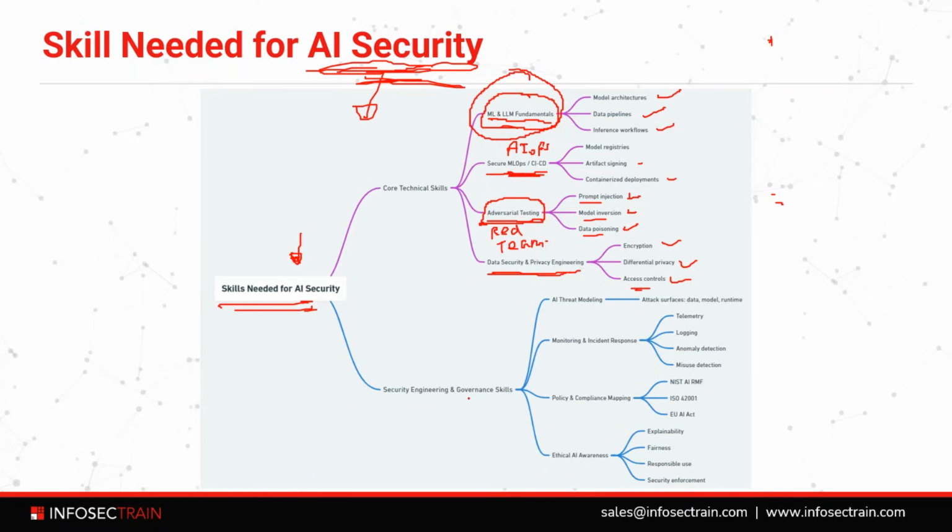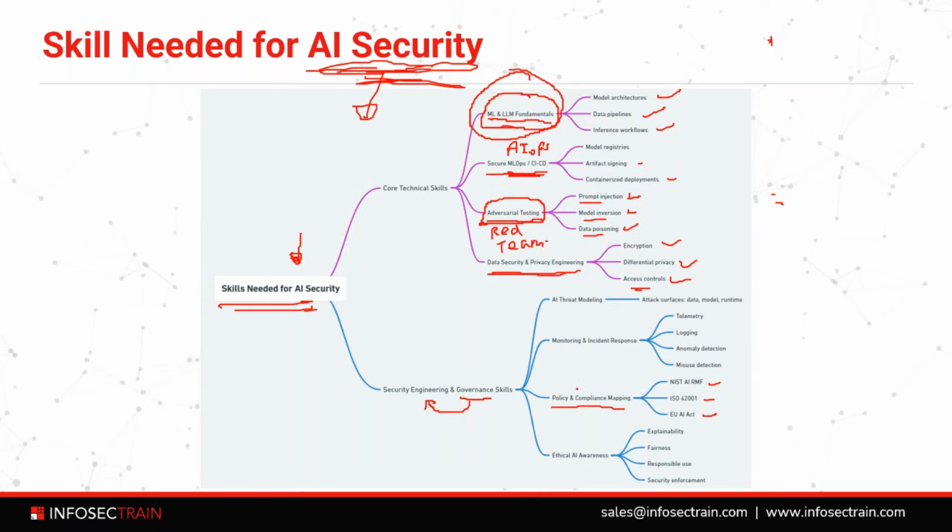Now coming to the governance part. From your governance point of view, these are the things that you need: policy and compliance mapping, NIST AI Risk Management Framework, ISO 42001, EU AI Act, and other frameworks which we had seen in the previous slide. I'm just summing it up over here.